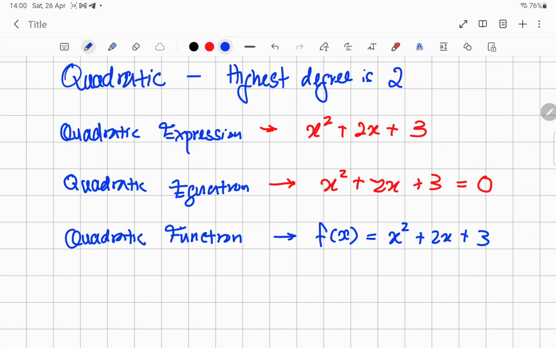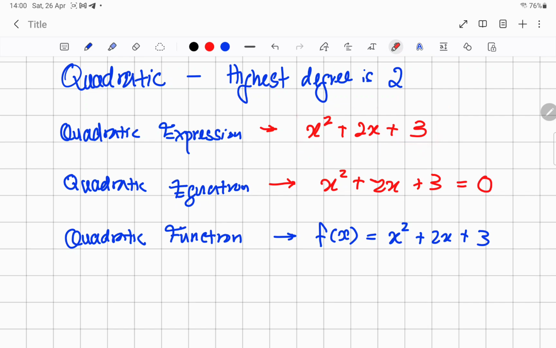Try to observe these three things. What are the differences? Quadratic expression, you only have the expression, you don't have equal to something.